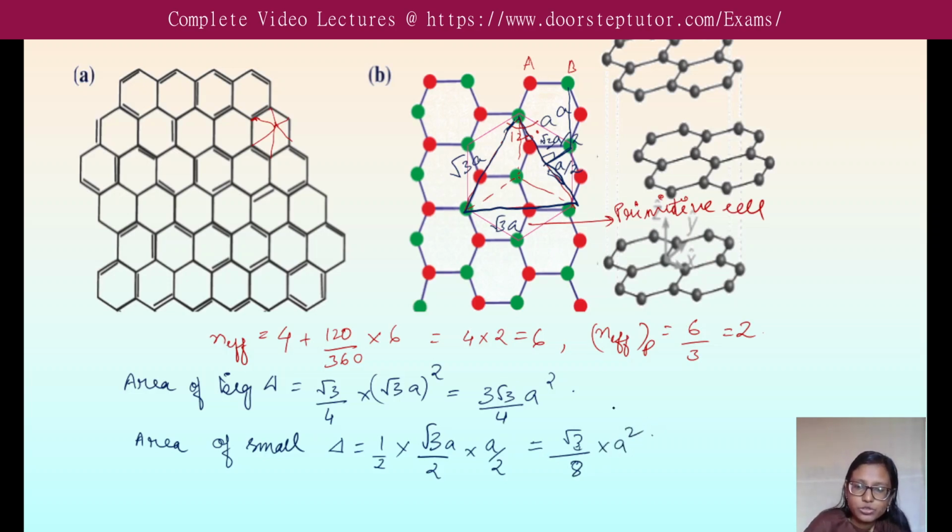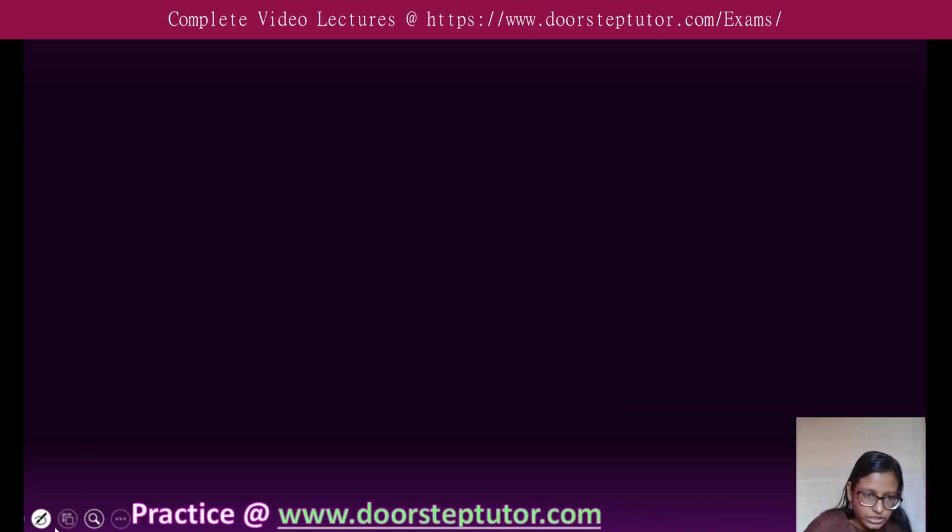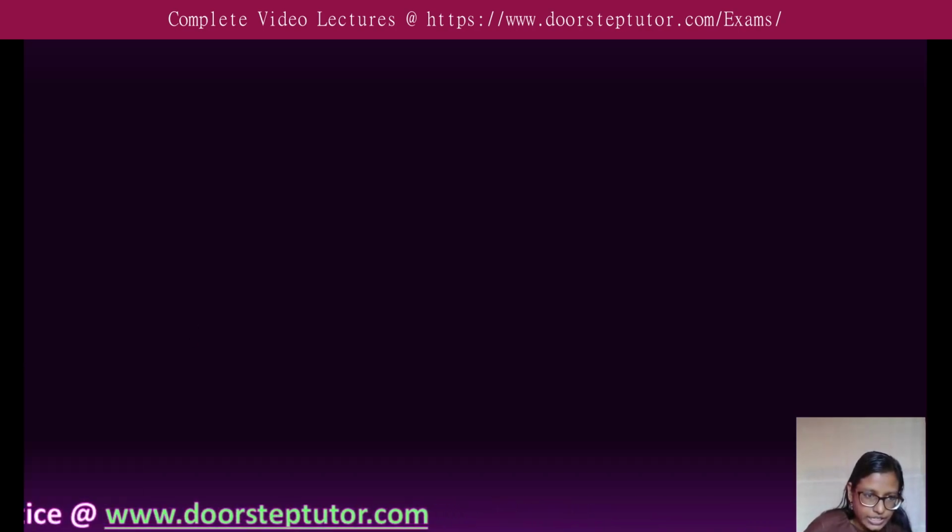So next, the area of the hexagonal unit cell will be equal to 3 root 3 upon 4 a square.